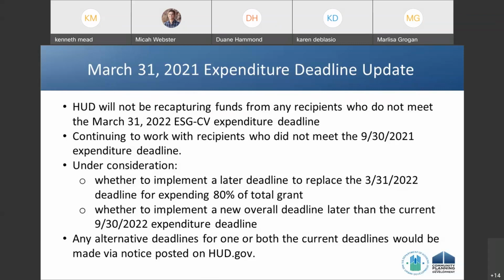So that is still under consideration, and an important note is that to make any of those changes, to establish an alternative deadline for either the March 31st or the September 30th, that would have to be done via a notice, which we would post on HUD.gov.